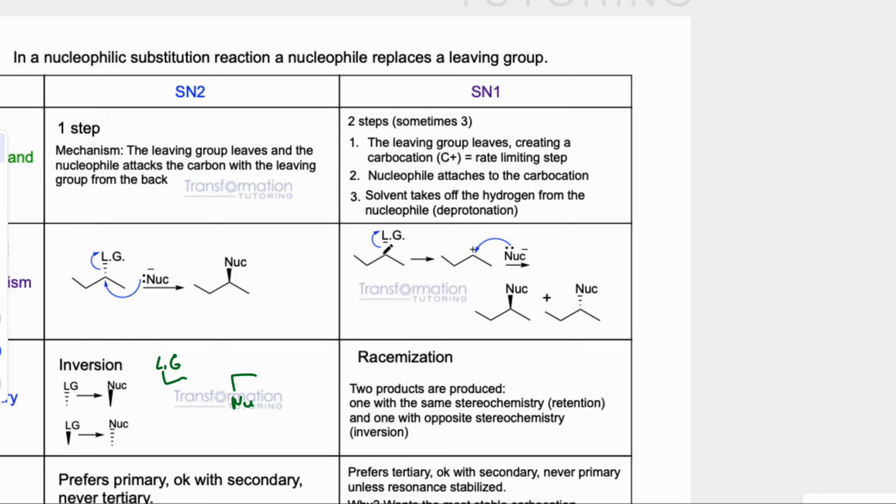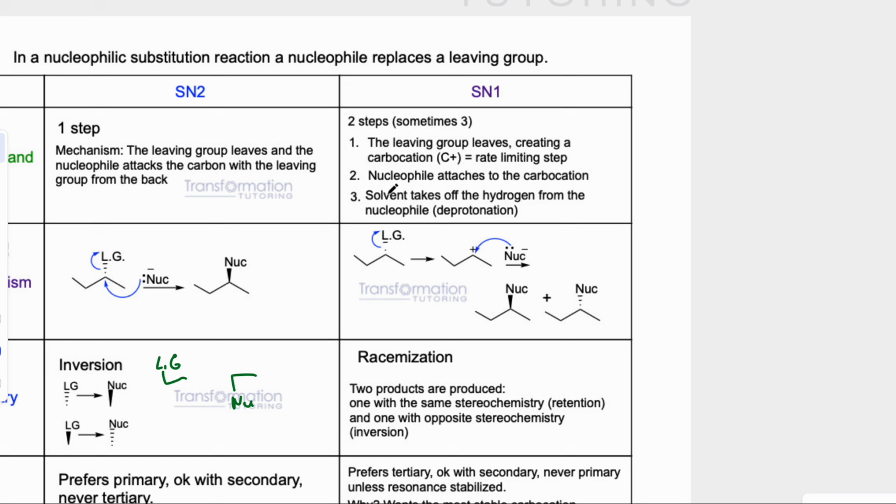LG stands for leaving group, and I will draw an arrow from the bond to the leaving group, and that means that bond is breaking, and this carbon is now missing a bond. It will have a positive charge. That's the first step. In the second step, the nucleophile attaches to the carbocation. So the nucleophile is going to attach, and these are the products.